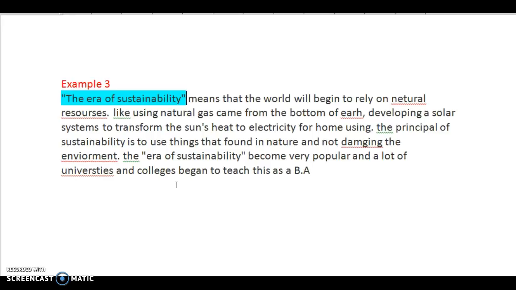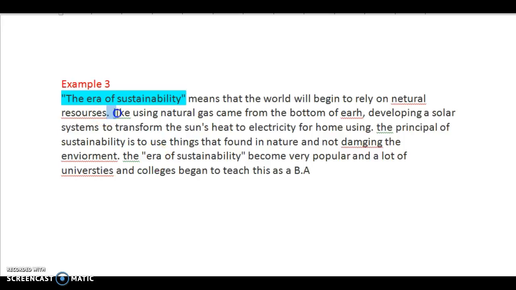Yeah, there's spelling mistakes here. Like, it's an example, using natural gas, came from the bottom of Earth, developing a solar systems to transform the sun's heat to electricity for home using. So again, he gives some examples of these natural resources that the world will have to begin to rely on.